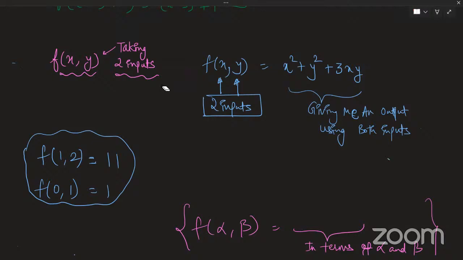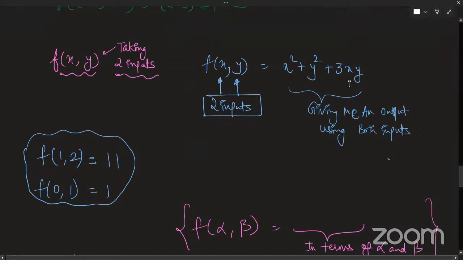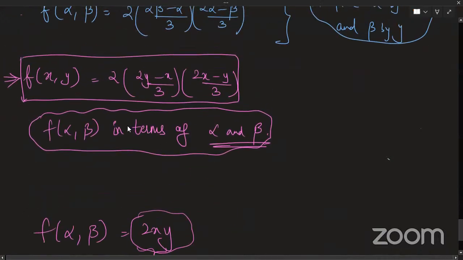So if I have my function in the correct format, I can change the variables. Changing variables is no big deal. I can easily change my variables. I just should have my function in the correct format. That is rule number one.